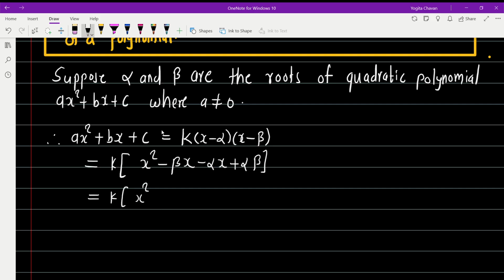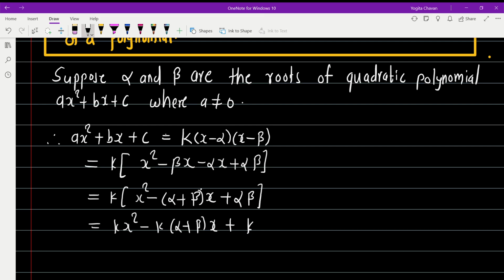Now collect the coefficient of x: minus beta minus alpha, take the minus sign common, so it is minus alpha plus beta into x plus alpha beta. Now multiply by k, so it is k x square minus k into alpha plus beta into x plus k into alpha beta.